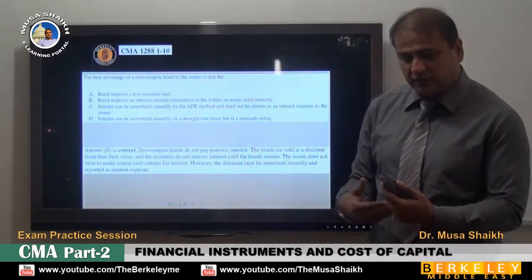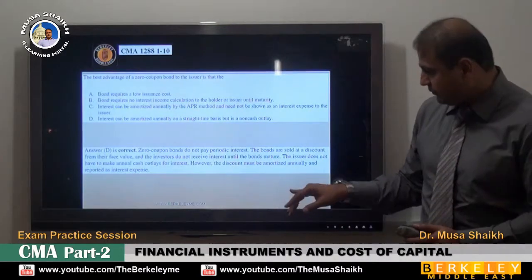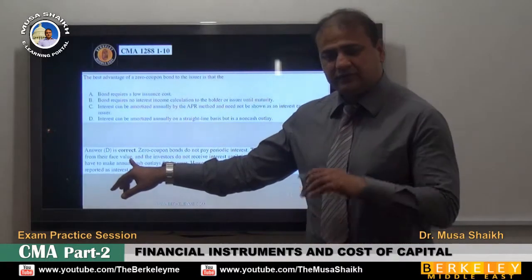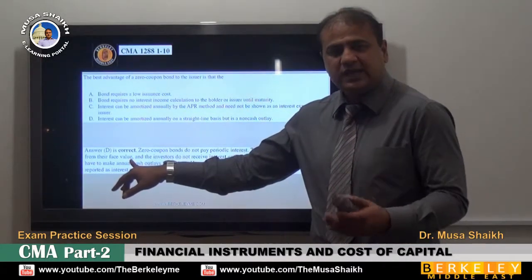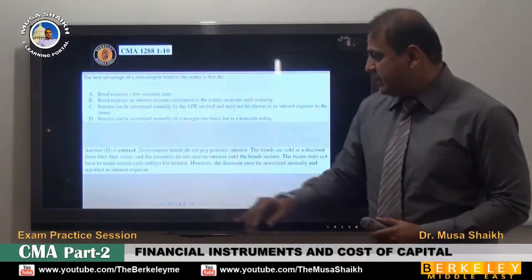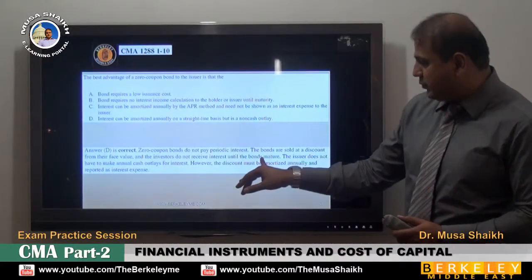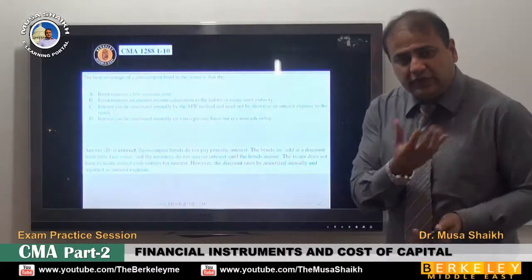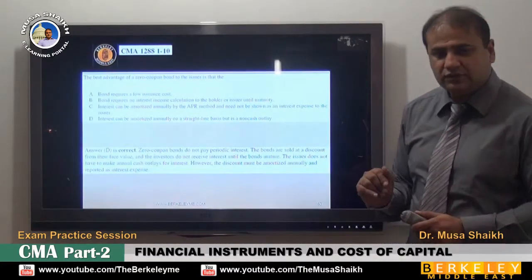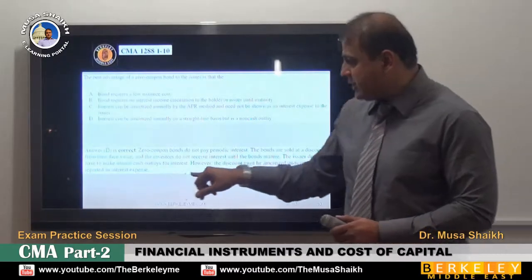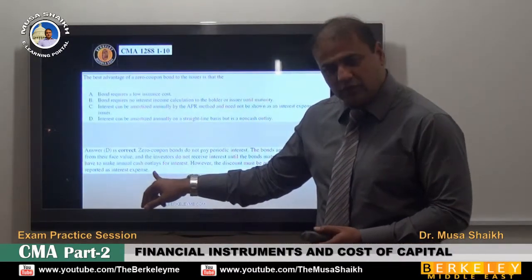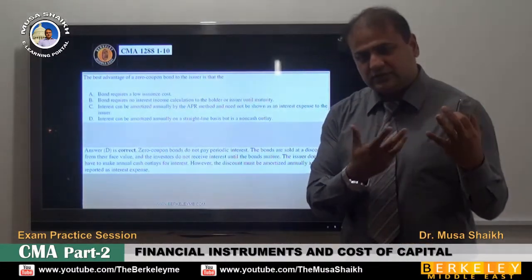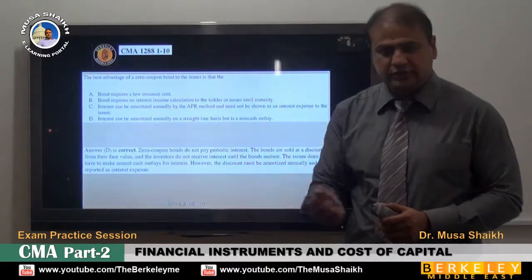The bonds are sold at a discount from the face value. If it is $1, it is sold at like 80 cents. And the investor does not receive interest until the bonds mature. So whatever you have to pay, you start amortizing. You don't need to pay until it matures. The issuer does not have to make an annual cash outflow for interest because he just has to accrue it, and pay at the time of maturity.